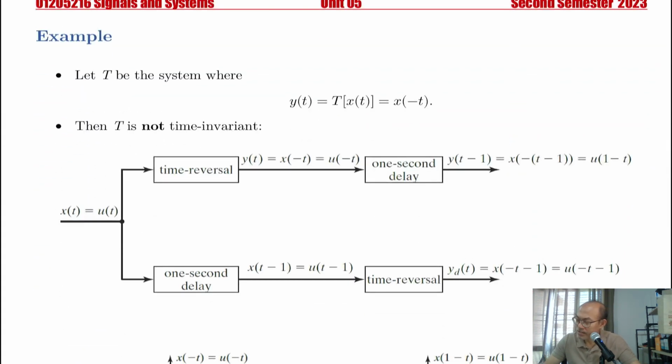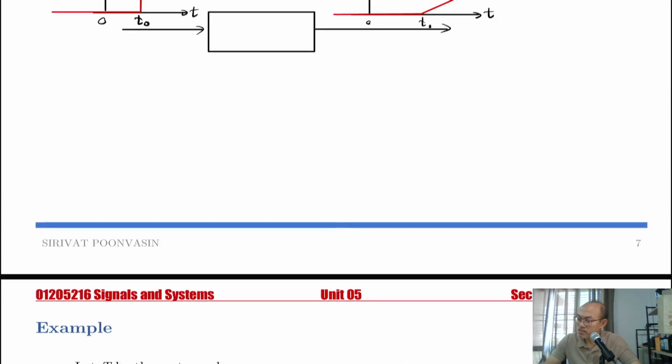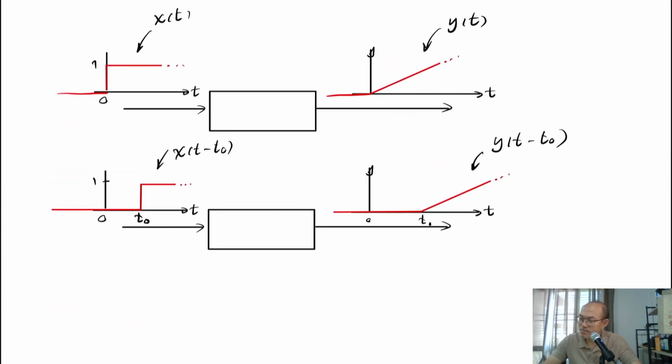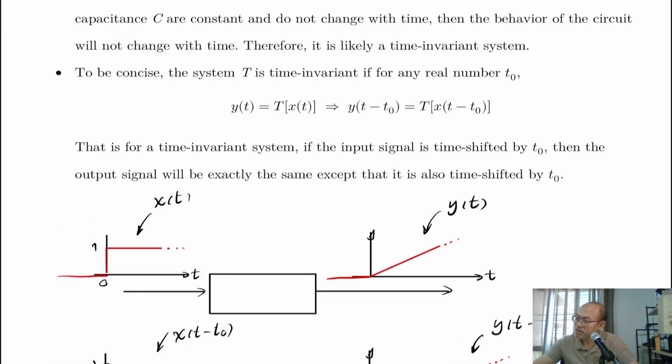Now let's look at an example. Again, to show that a particular system is time invariant, I'm going to call this equation condition 1, condition star.